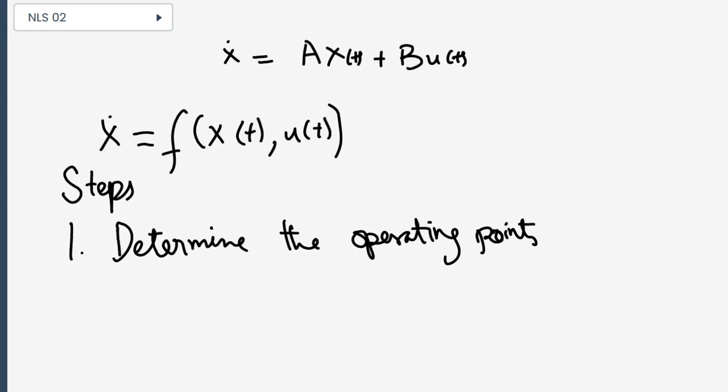Now the operating points, let that be x naught and u naught for this system. The operating point actually refers to the equilibrium point of the system. At the equilibrium point we have already seen that x dot is equal to 0.